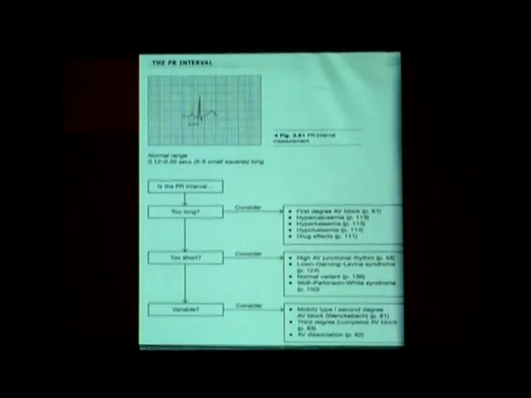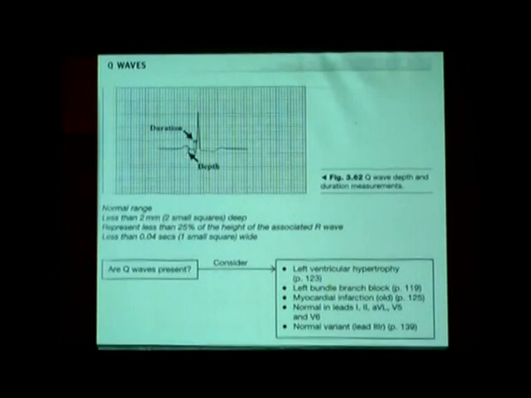All the P waves are conducted but with delay. In which situation does the PR interval keep on varying? Type 1 second degree atrioventricular block. So the PR interval can be short, long, or variable. These are the three situations as far as the PR interval is concerned.